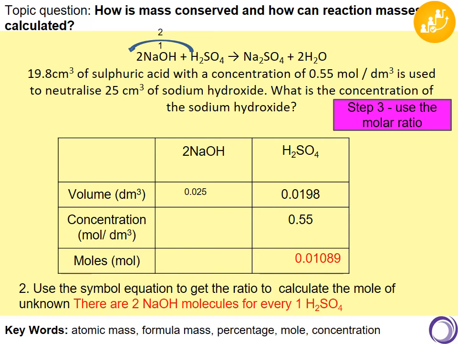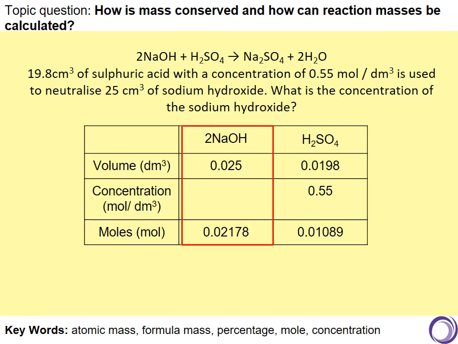This gives me a fraction with which I can multiply the number of moles of sulfuric acid. If I multiply the number of moles of sulfuric acid by 2/1, I will get the number of moles of sodium hydroxide. You can see I've entered that into the table.